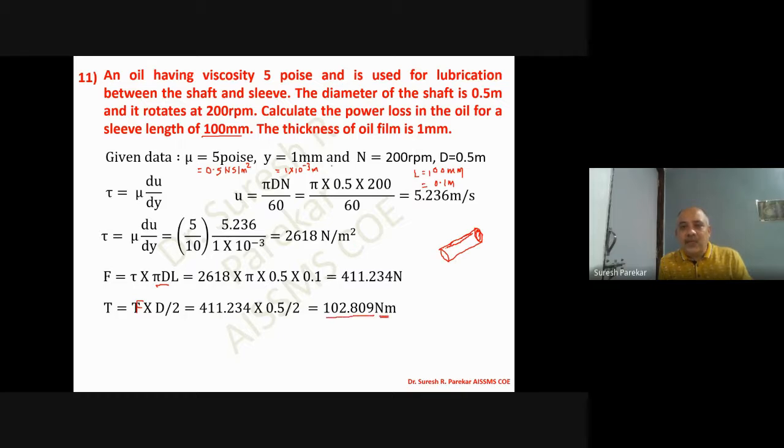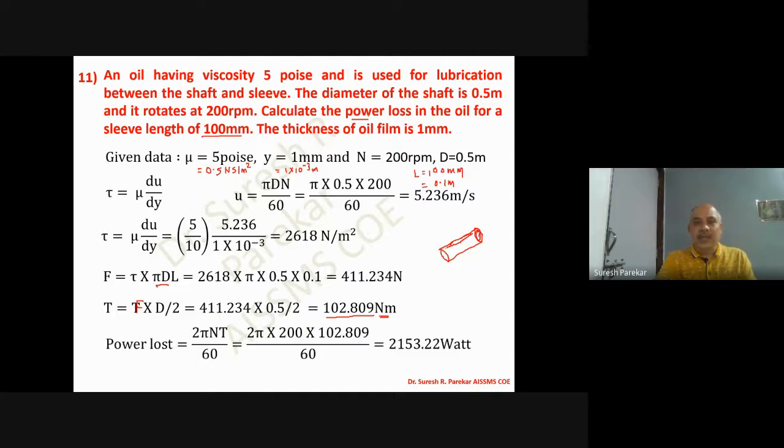We are interested to find the value of power, and if you remember from shafts in strength of materials, power is equal to 2 pi N T upon 60. Knowing all these values, we are in a position to calculate the power lost.